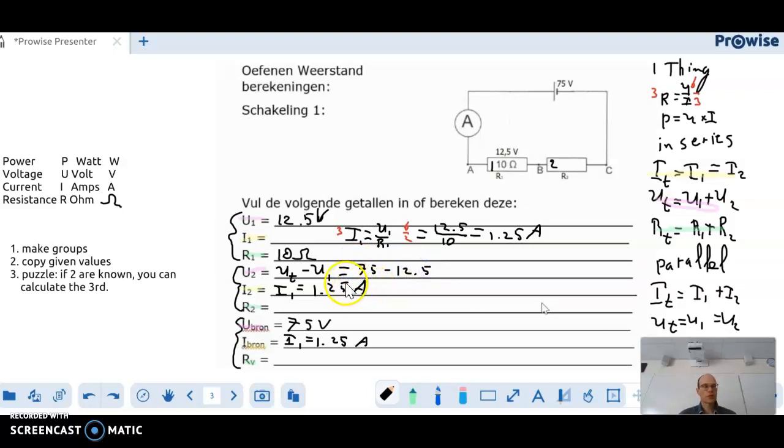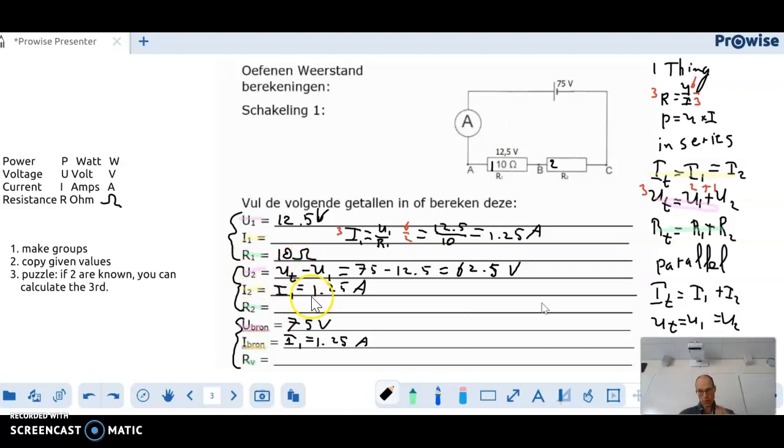If you don't know, you could simply use the triangle, because the total is U1 plus U2, and you can calculate with addition and subtraction. If we have that, then we have 62.5 volts, of course, because voltage is in volts, a capital V.